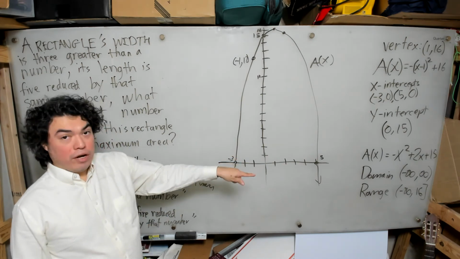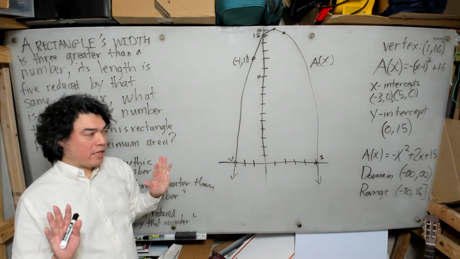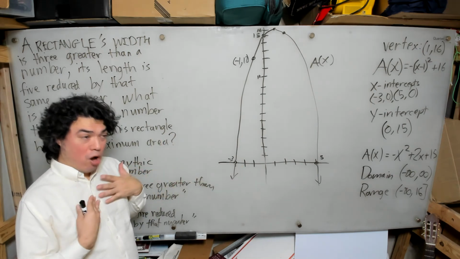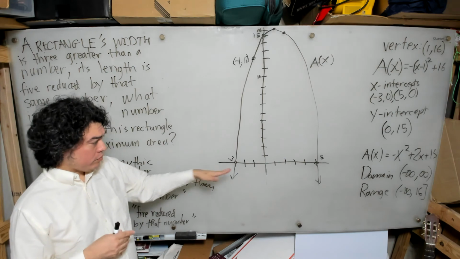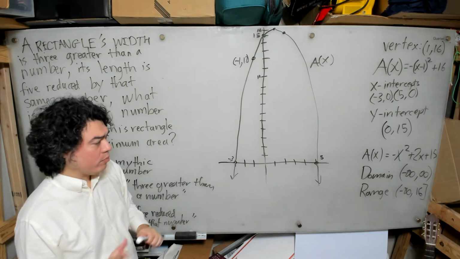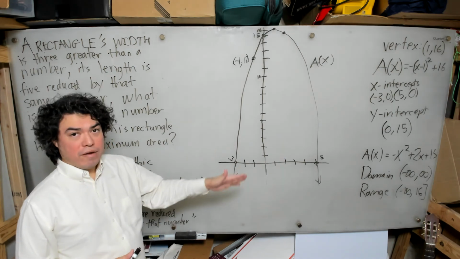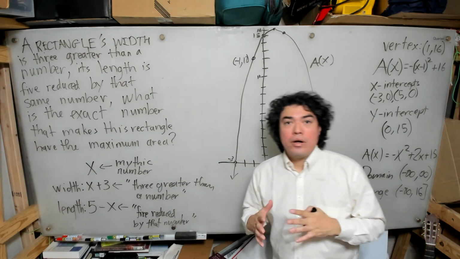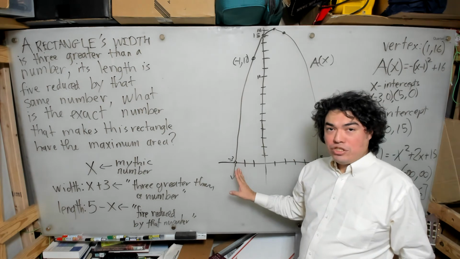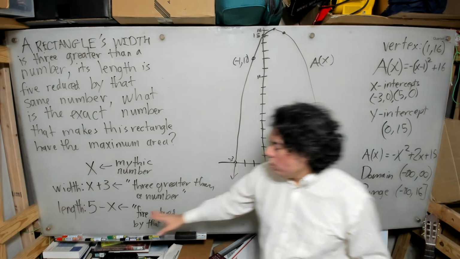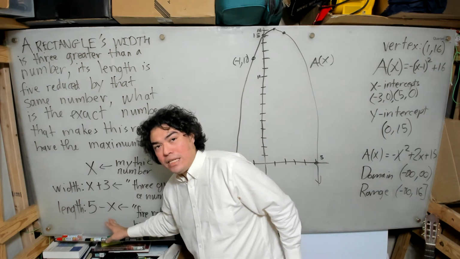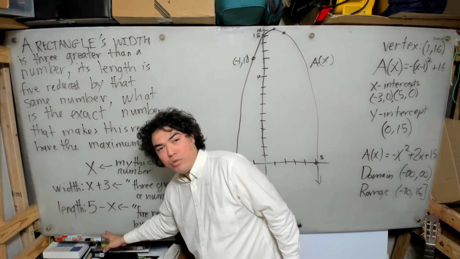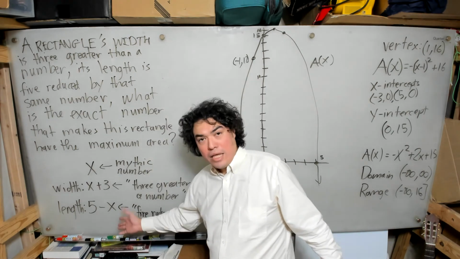Although the real domain of the quadratic, from an algebraic perspective, is negative infinity to infinity, from our practical perspective, our domain is from negative 3 to 5. Okay? Because if our number even touches negative 3, you'll see that the 5 minus negative 3 will become 5 plus 3, which will be 8, which is not bad because the length can be positive 8.